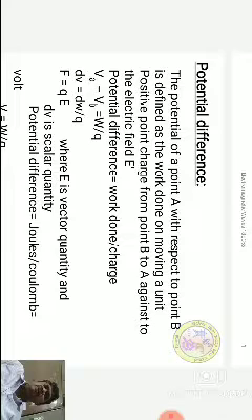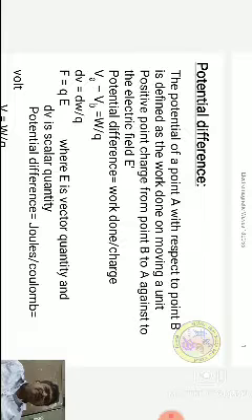If I consider a space with an electric field and two different points A and B, how much force has to be applied to move the charge q from the point B to A? The work done in moving the charge from point B to point A is called the potential difference.